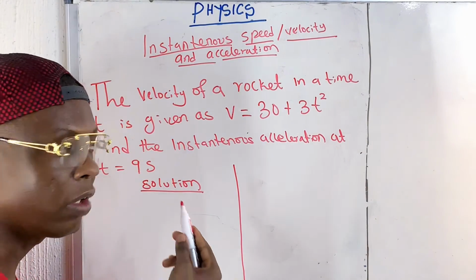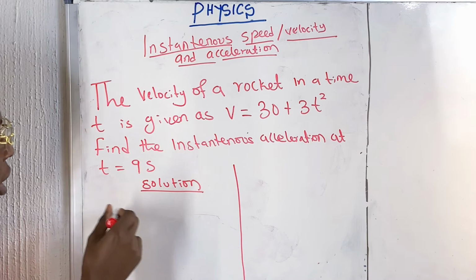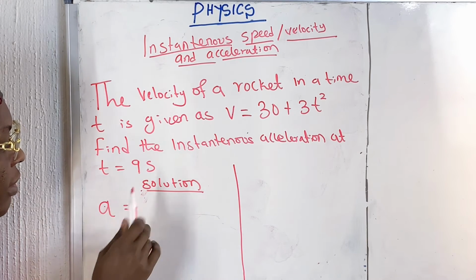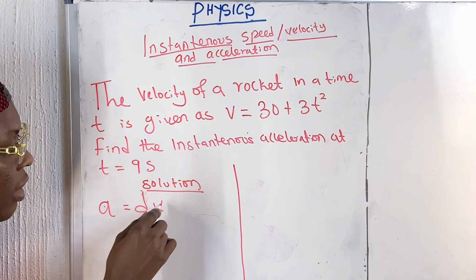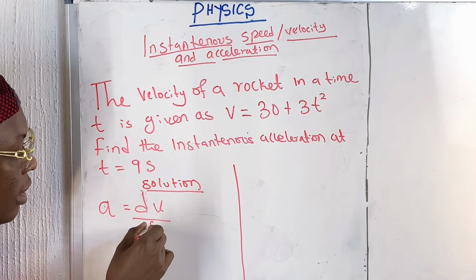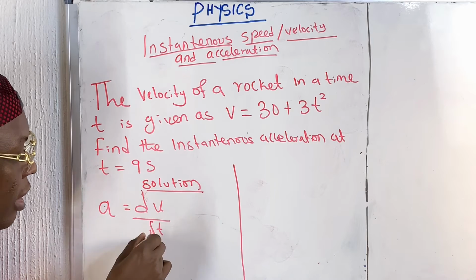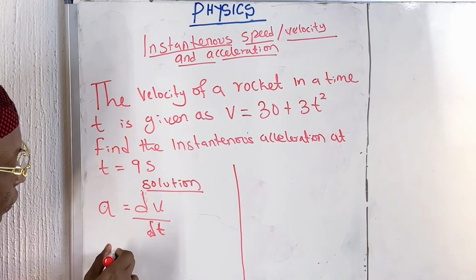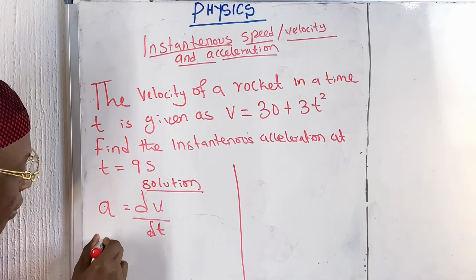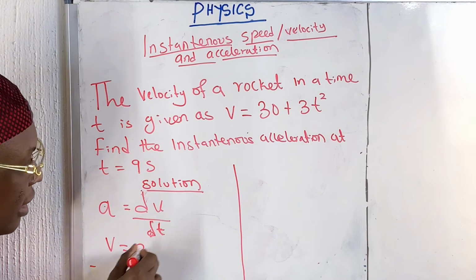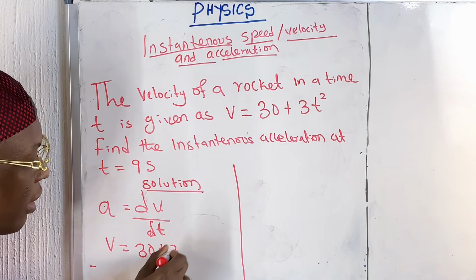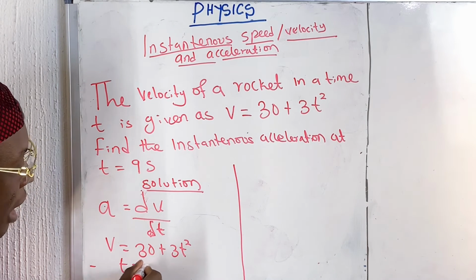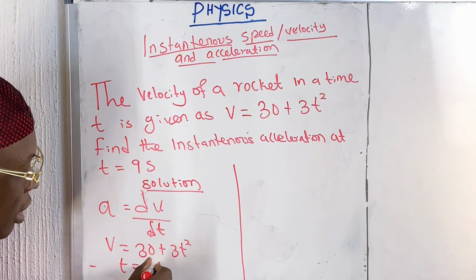So for us to solve this, the instantaneous acceleration a is simply the differentiation dv, change in velocity, with the given time interval dt. Okay, so we are told that v is equal to 30 plus 3t squared, and we are given t to be 9 seconds.